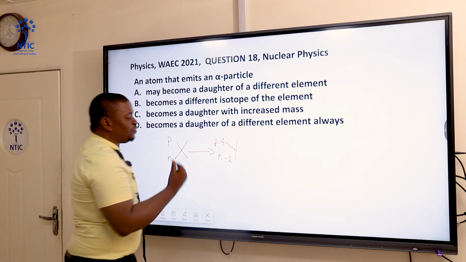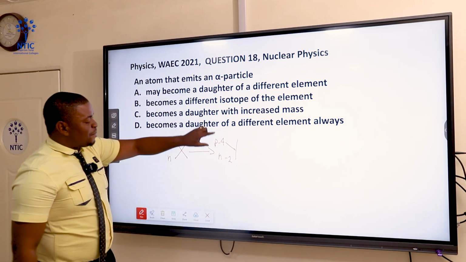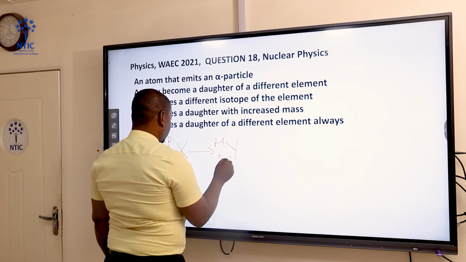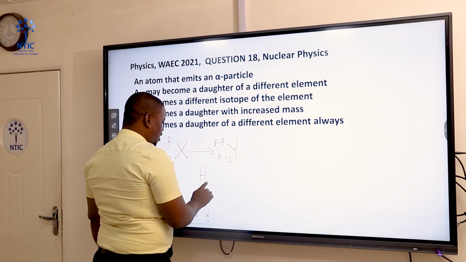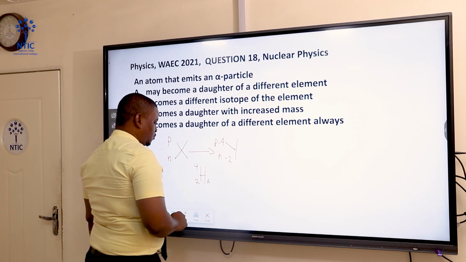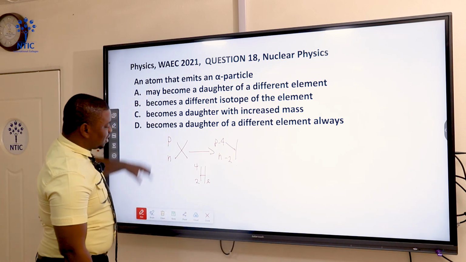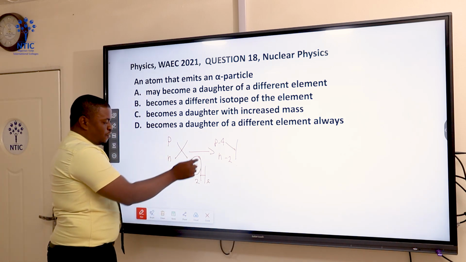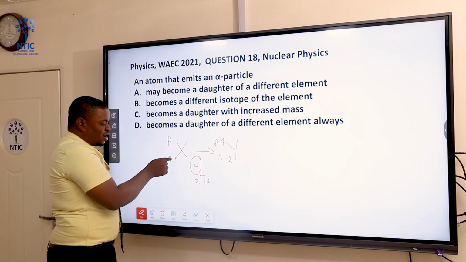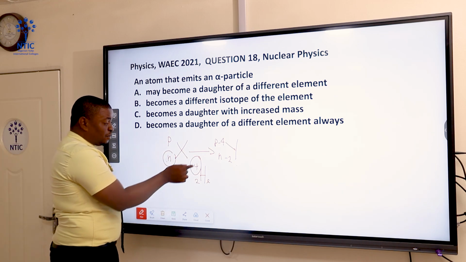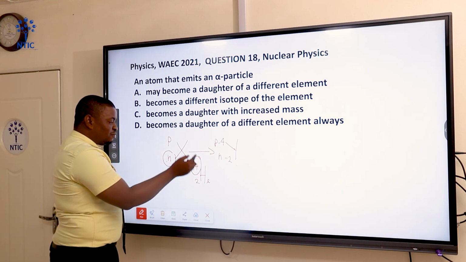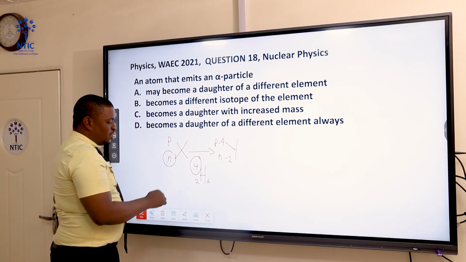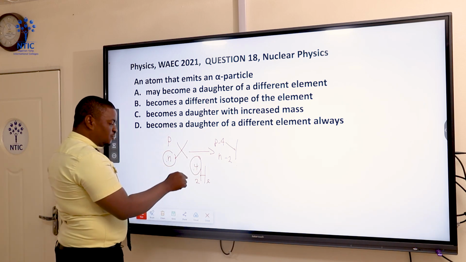What it means in essence is that an alpha particle is a helium nucleus, which is 4, 2. The mass number will reduce by 4, while the atomic number will reduce by 2.